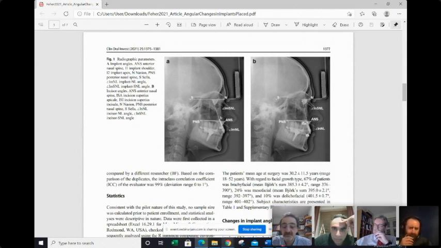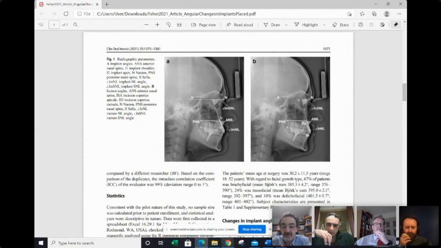So the top one looks at the full maxillary angle. 81% had changes in that perspective, and that was the primary outcome measure.